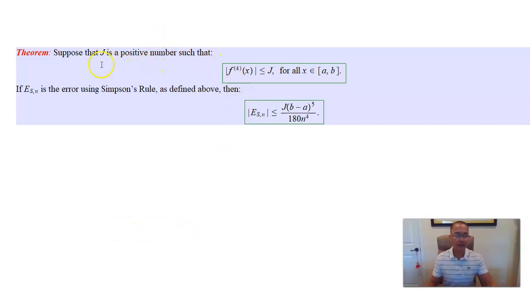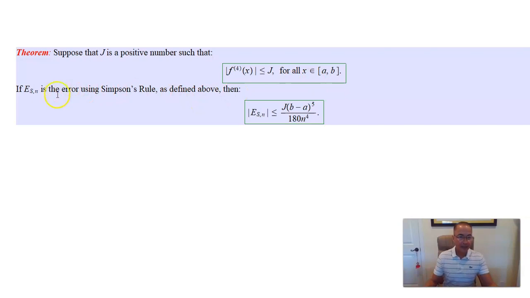All right, so now we want a similar theorem for Simpson's rule, and it goes like this. This time, suppose that j is a positive number, so that the absolute value of the fourth derivative, not just second, but the fourth derivative of the integrand is at most j for all numbers inside the interval of integration.